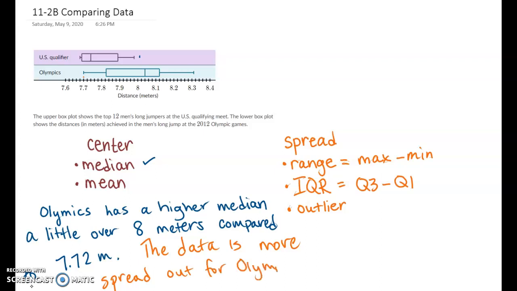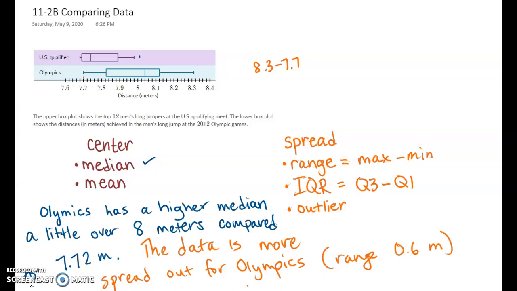The Olympic range is 8.3 minus 7.7, so 0.6 meters.